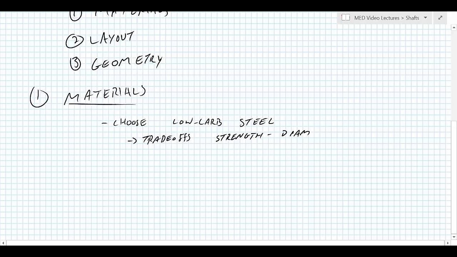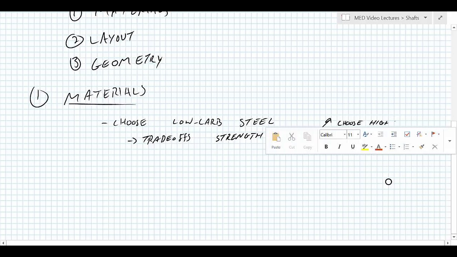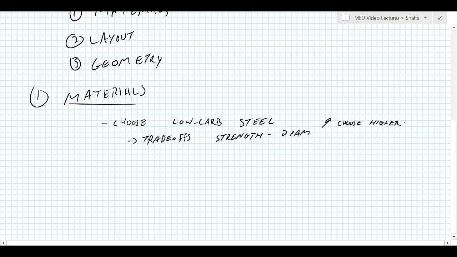If your strength is too low or your diameter is too big, then you can choose a higher strength material. Not all materials can be used in all situations.